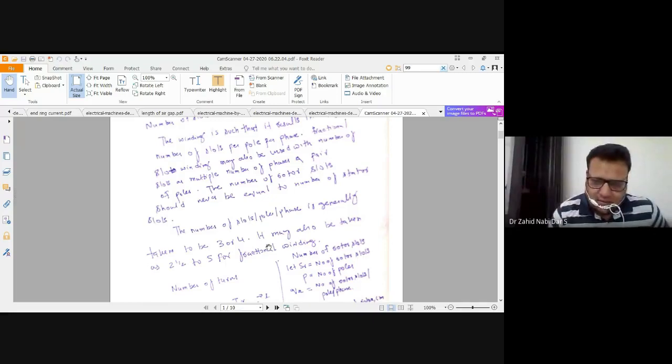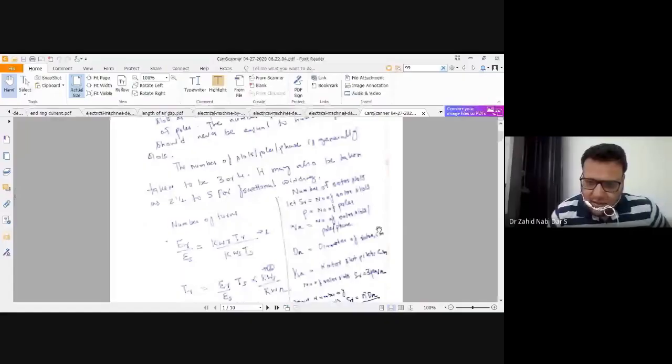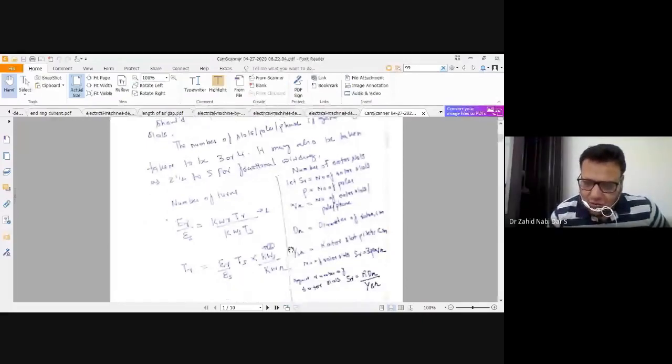Now we have to understand the number of rotor slots. Let SR be the number of rotor slots, P the number of poles, and QR the number of rotor slots per pole per phase. DR is the diameter of the rotor in centimeters, and YSR is the rotor slot pitch per centimeter.